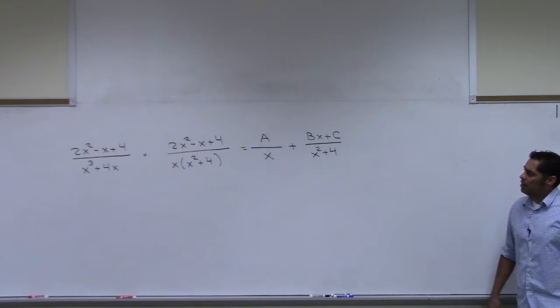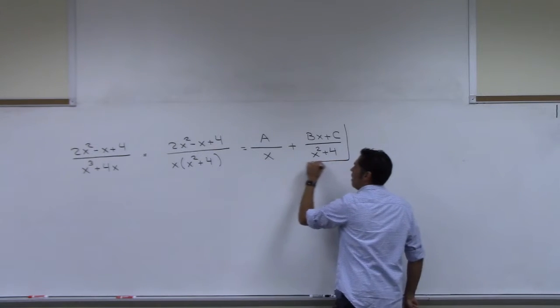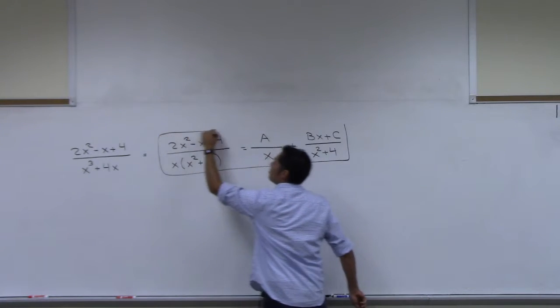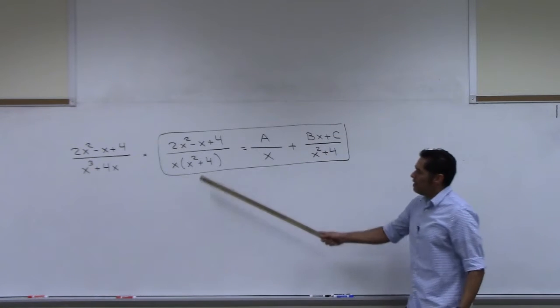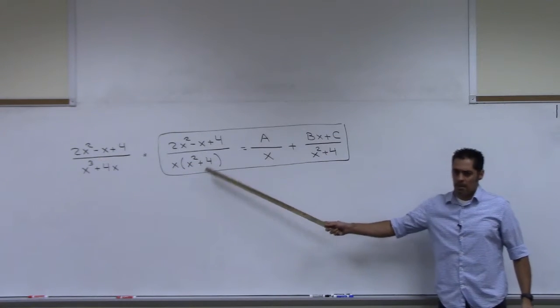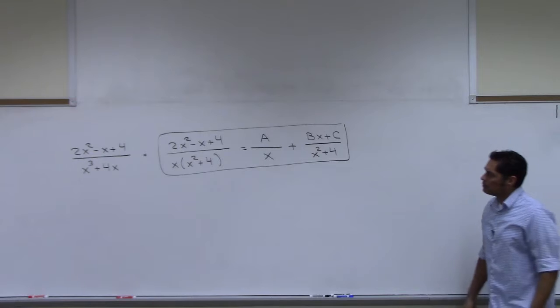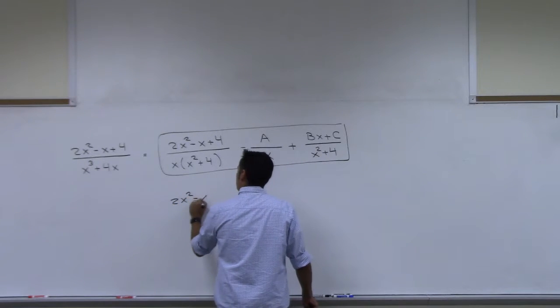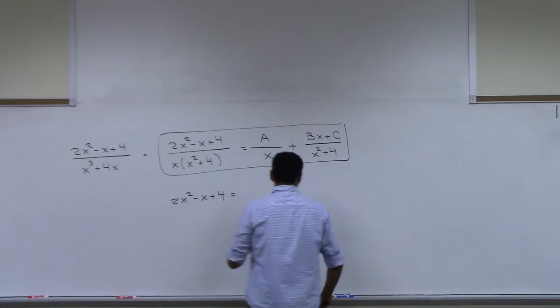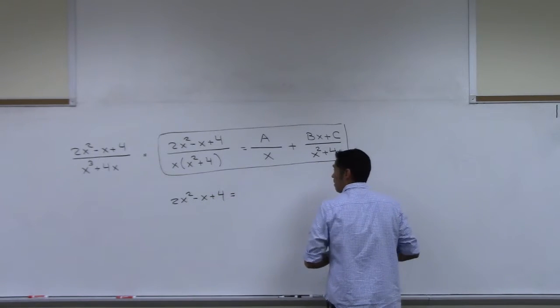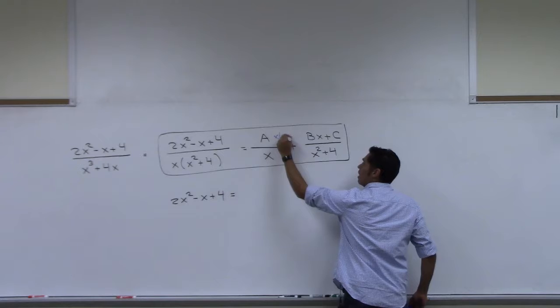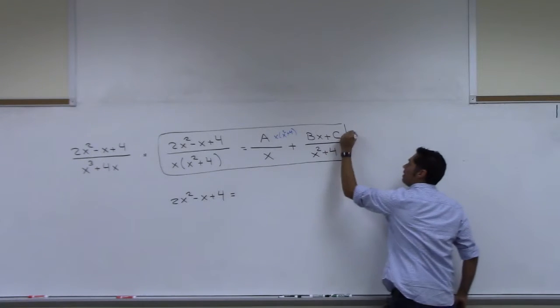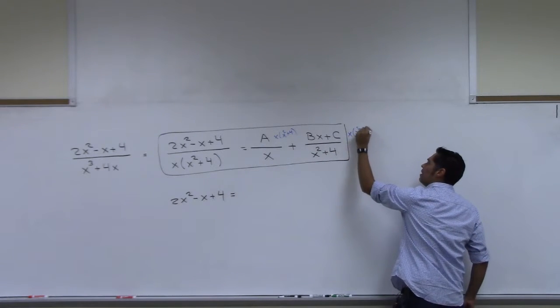And now we are going to work with this, and we are going to clear the fractions. So we're going to multiply both sides by this denominator. And what happens on the left side? It just cancels out. So you've got 2x squared minus x plus 4. And then when you multiply this one, I'll go ahead and put it in here, x squared plus 4 here, x squared plus 4 here.